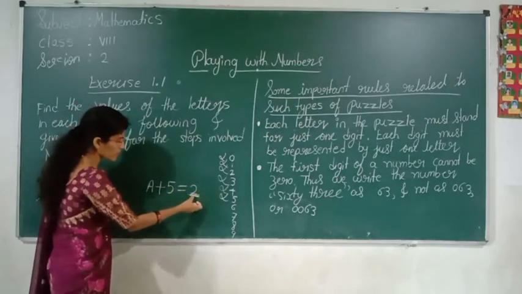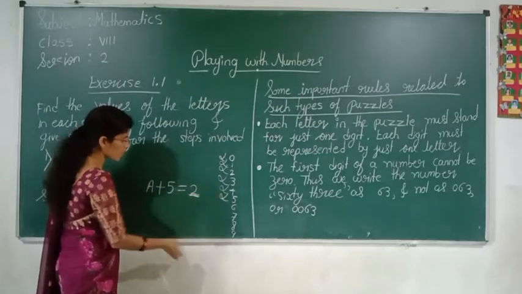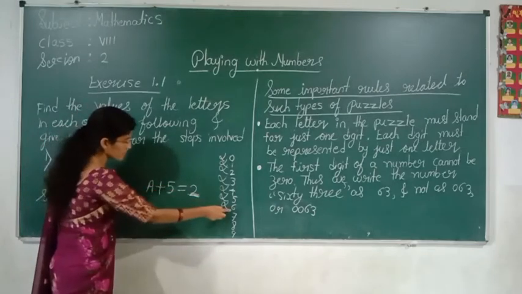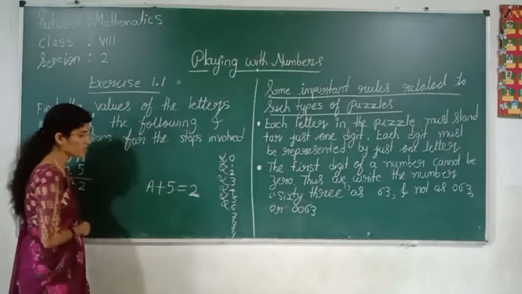But I want 2 in the units place. 5 plus 5 is 10. This is also not working. 6 plus 5 is 11. In unit place 1 is coming, right? It is also not working.